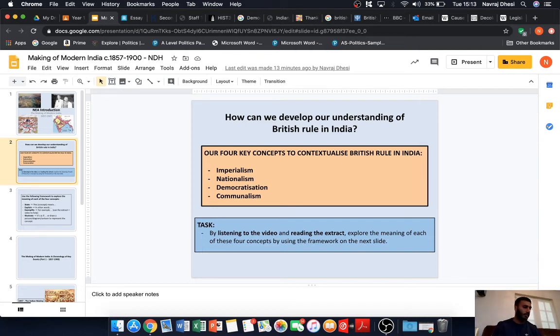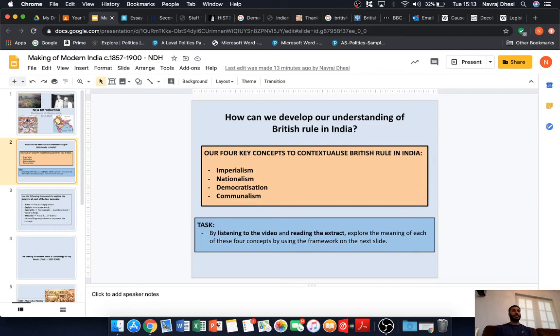Okay, so for example, these reforms that the British introduced prompted the different religious communities to mobilize according to their religious affiliations. Okay, and we'll learn a little bit more about that later on.